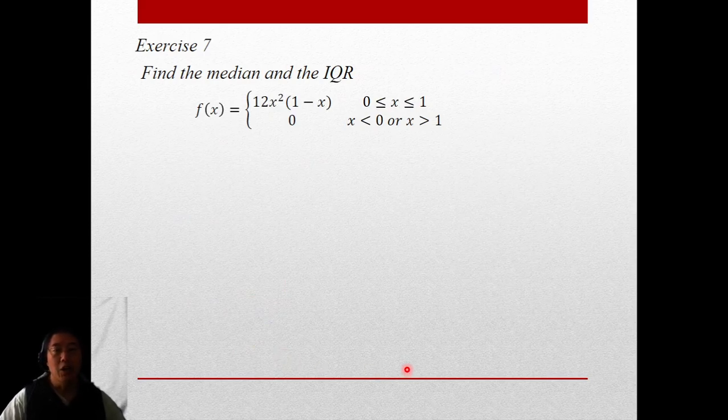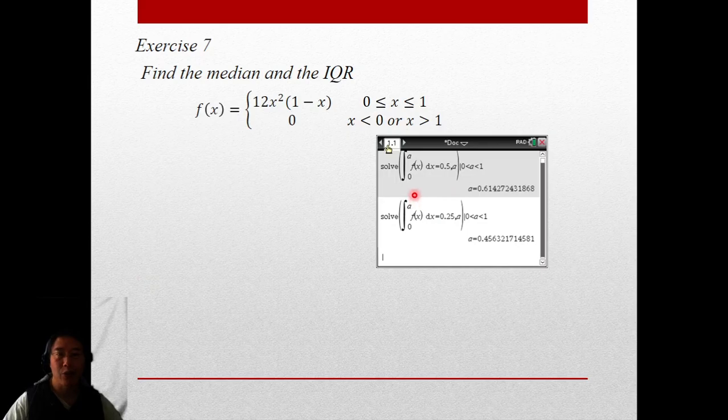Okay, this is new to this part: the median and the interquartile range. For the median, we need to find the 50th percentile. For the interquartile range, it's the 25th and the 75th percentile, and we do the difference. Again, you don't want to use a CAS, so you integrate from 0, because your function starts at 0 and the rest is 0.